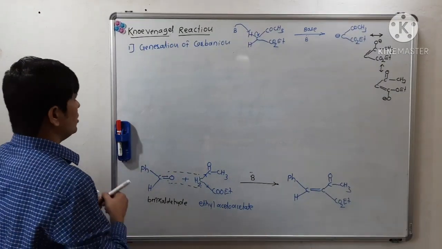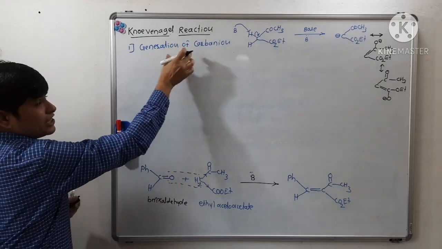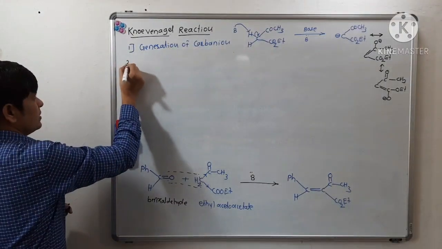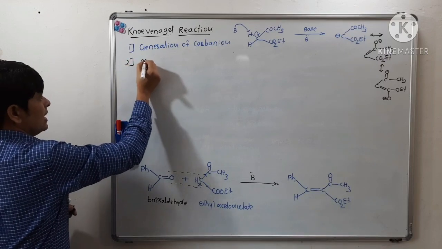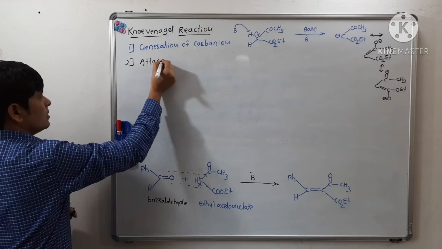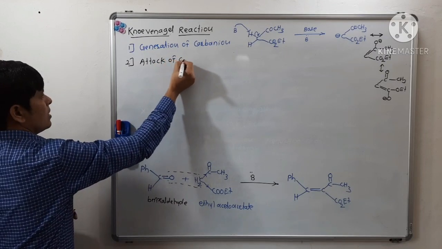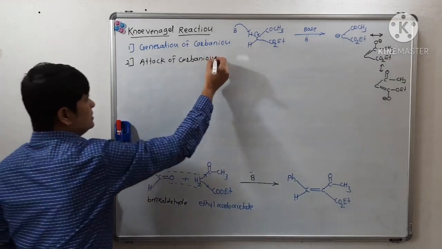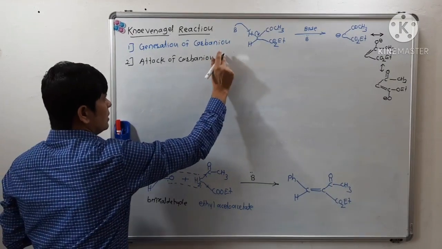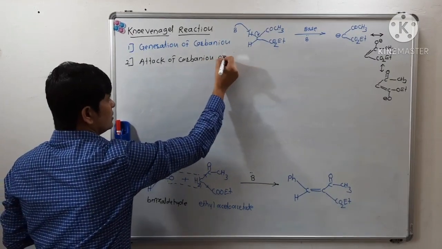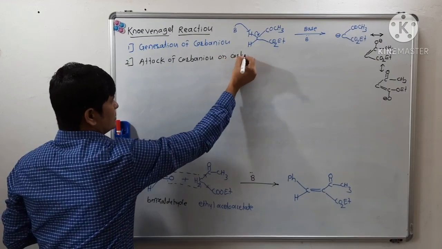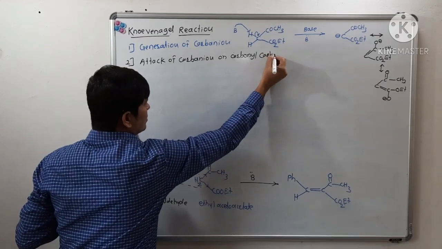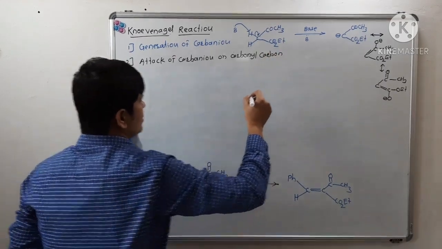Now, next step is what? First we have seen the generation, or formation, of carbanion. Now, the second step is attack of carbanion on carbonyl carbon of benzaldehyde.